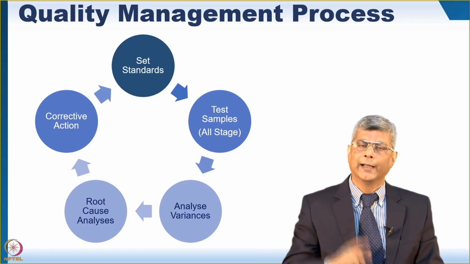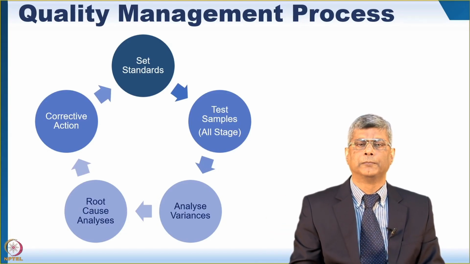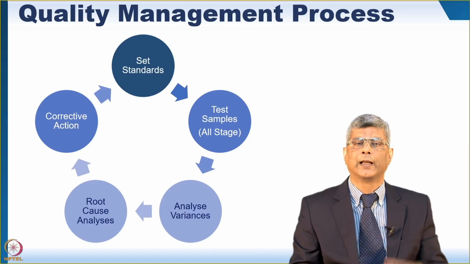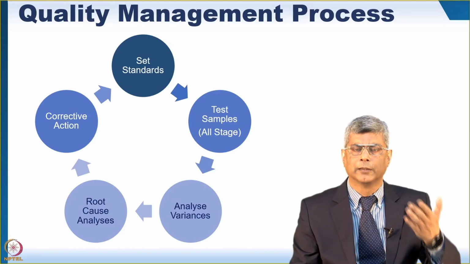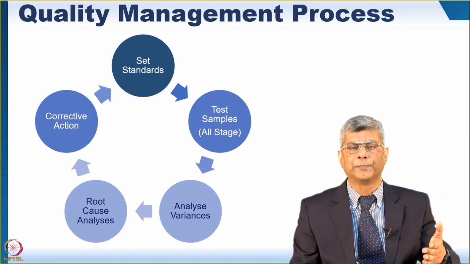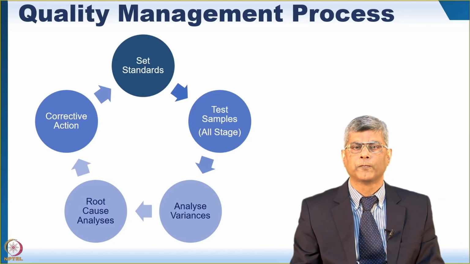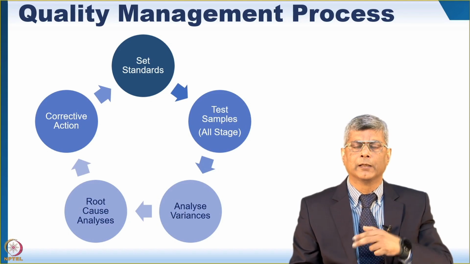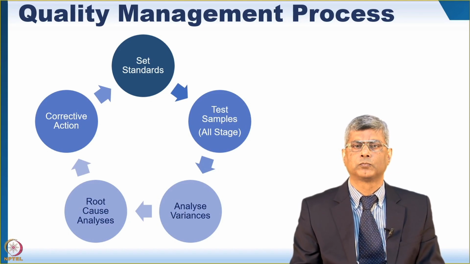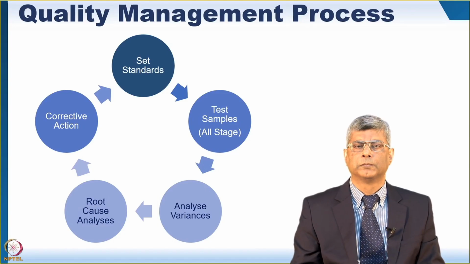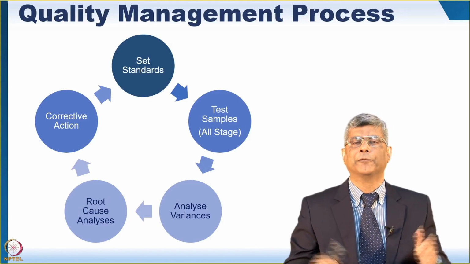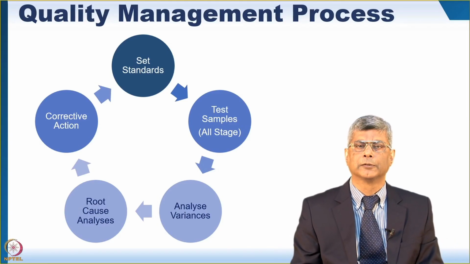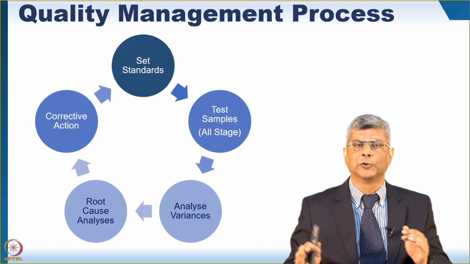So you fix it, and then you keep going back round and round till you make sure that your products are okay, 99%, 99.5%, 99.9%, 99.99%. If you're making 1 million pieces a day, for example, or 1 million liters a day, 1% of 1 million pieces can be a very large number of failures and a large number of customers who are not happy.